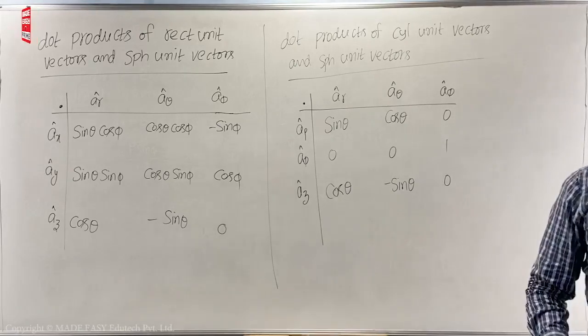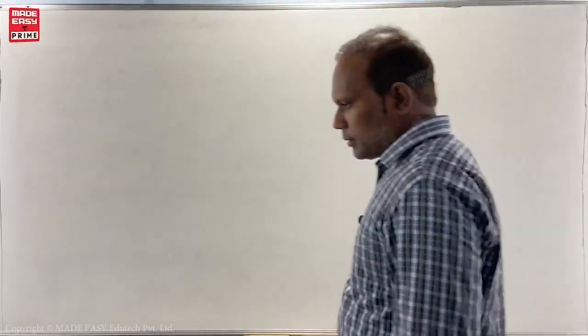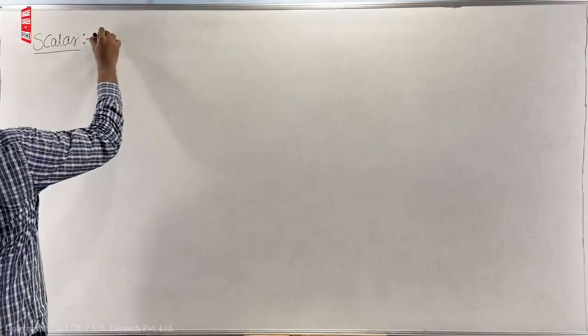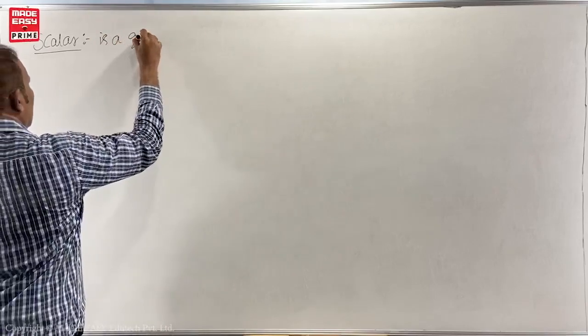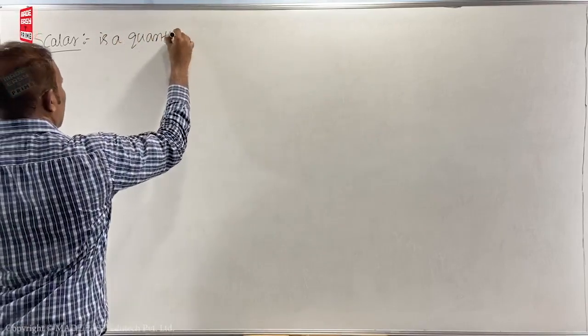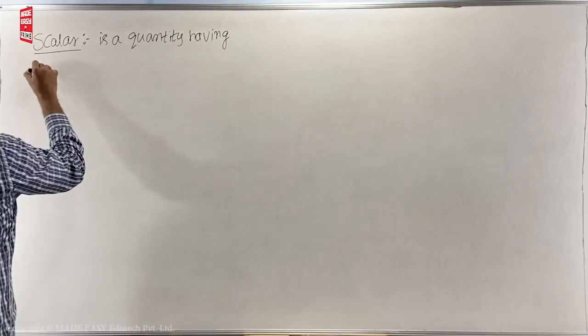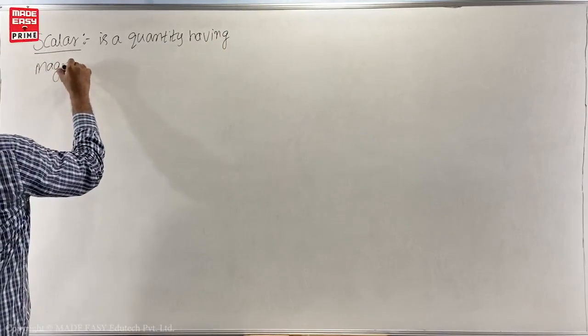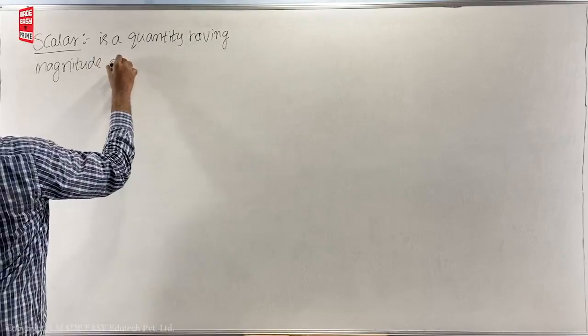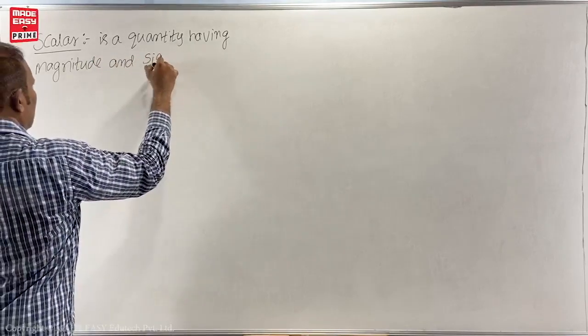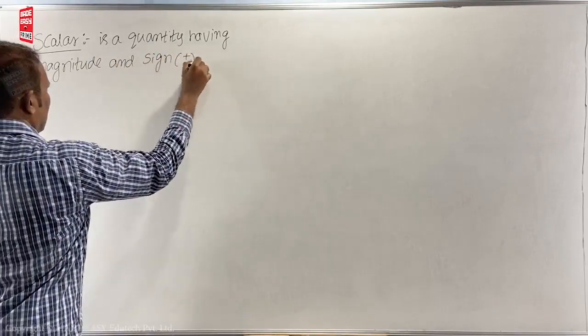Okay. So dear students, now let us discuss scalar and vector examples. So what is scalar? Scalar is a quantity having magnitude and sign.